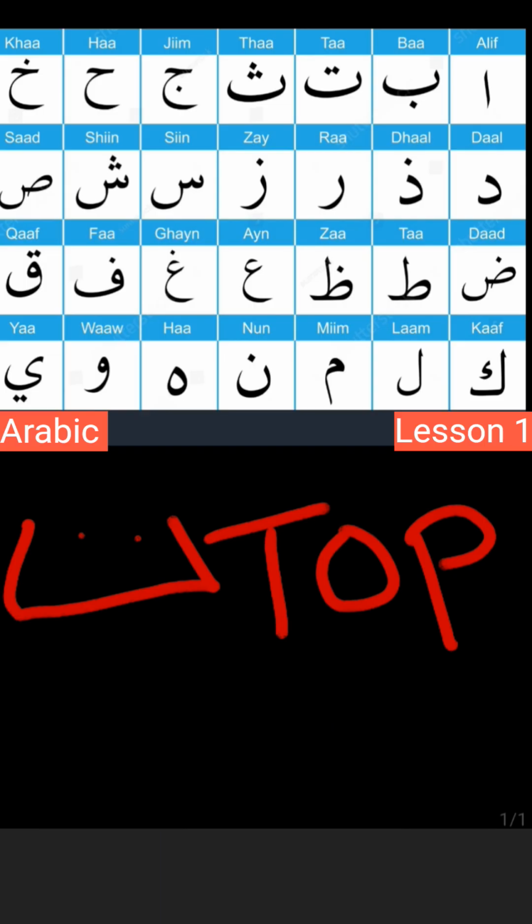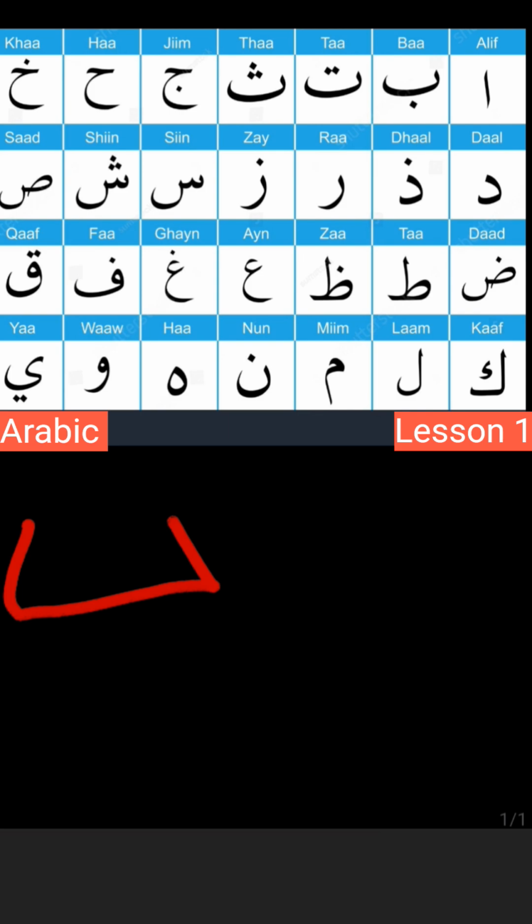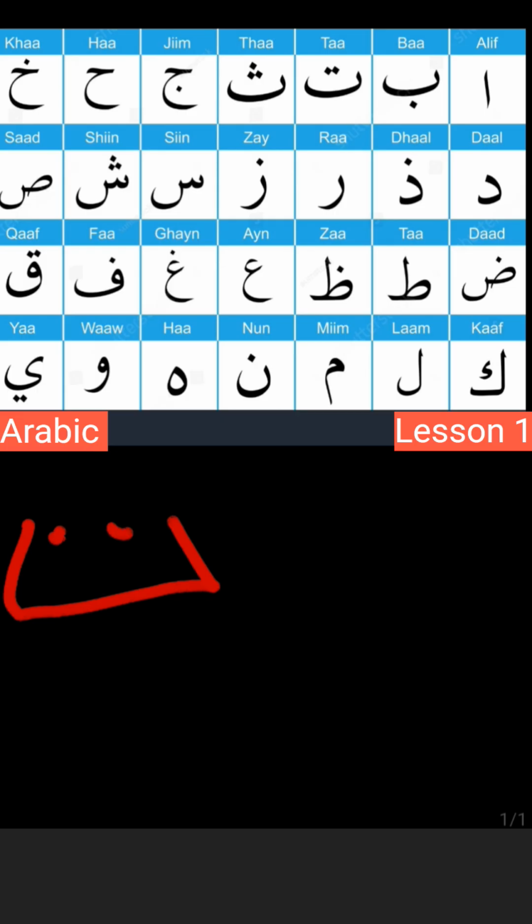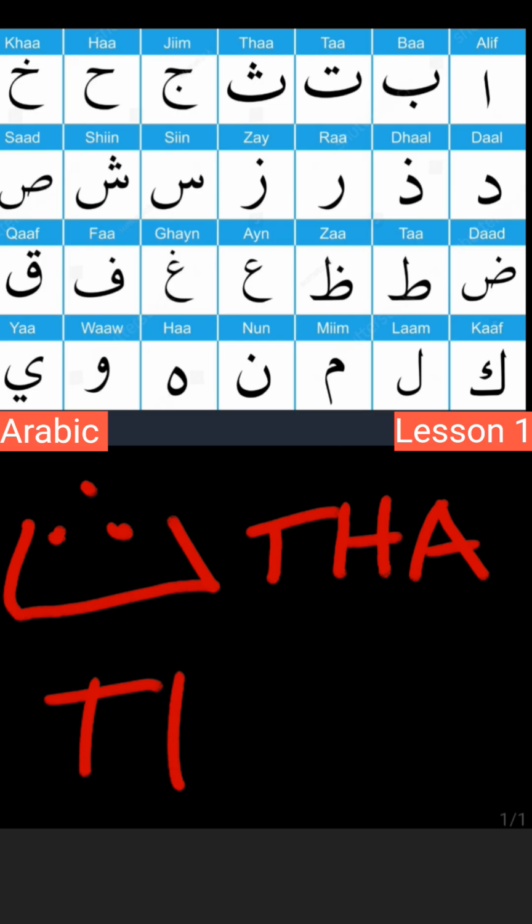And the fourth letter we have here is Tha. So you see how the Ta and the Tha, the only difference is the Ta has 2 dots and Tha has 3 dots. So let's give this 3 dots. The closest equivalent we have to that sound is the th sound, as in think, th.